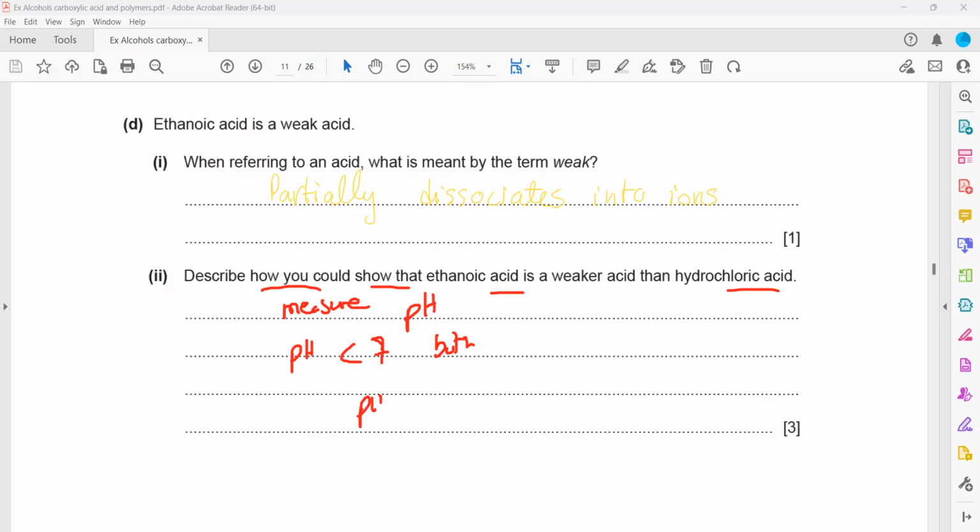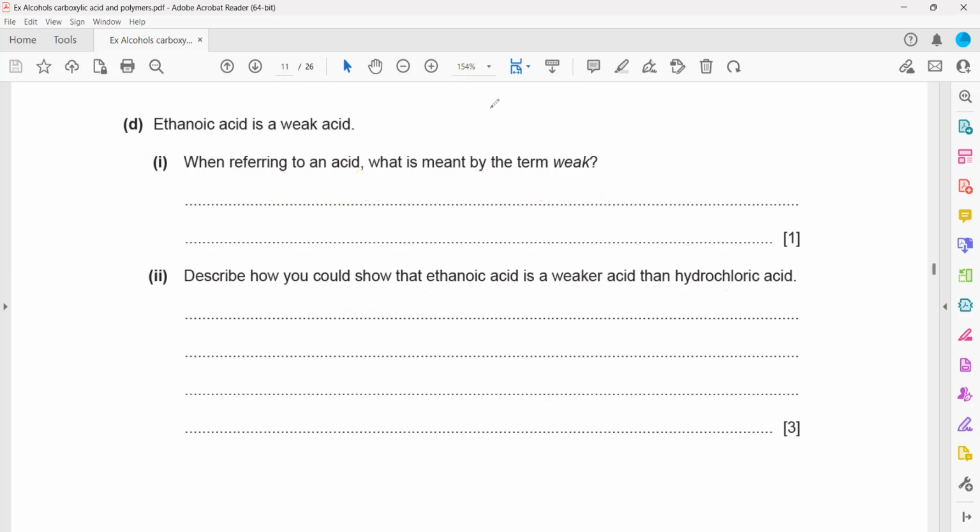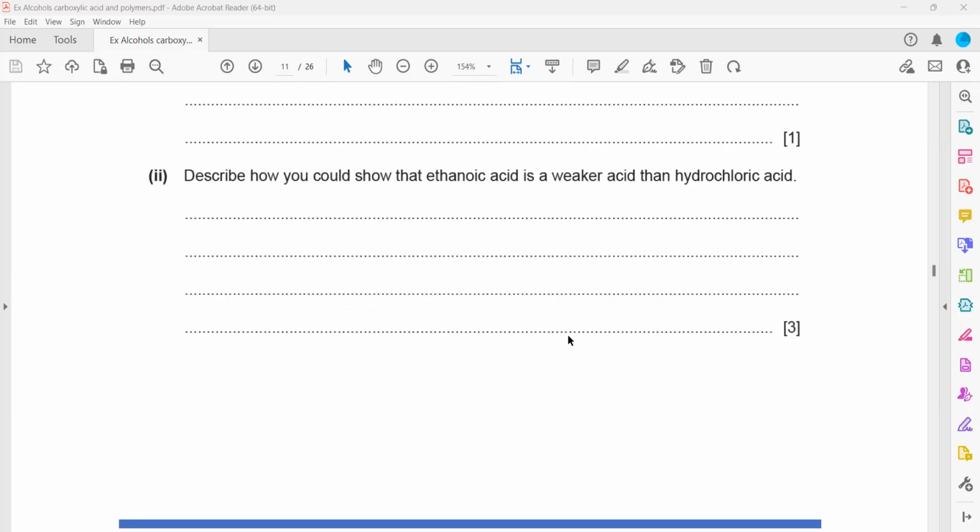You can mention hydrochloric acid pH 1 and ethanoic acid pH 3, 3.5 or 4. Or you can add carbonate; the one which gives rapid effervescence is the stronger acid, so with hydrochloric acid it will be rapid. Or you can measure the rate of reaction by collecting the gas given off.